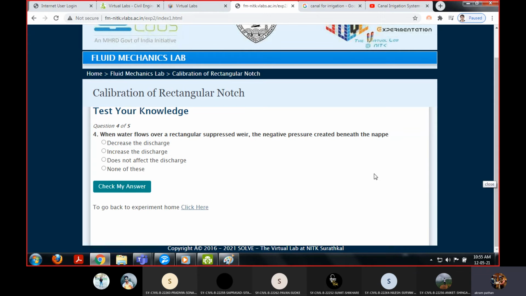When water flows over a rectangular notch, the negative pressure created beneath the nappe, options: decrease the discharge, increase the discharge, does not affect the discharge, none of these. Sumit, you are from diploma? No, sir, I'm regular. You are regular. Okay.